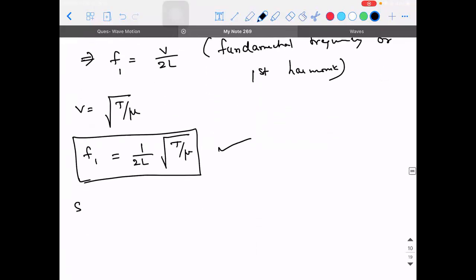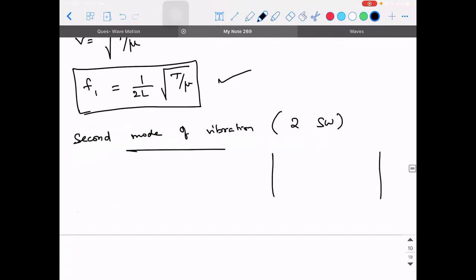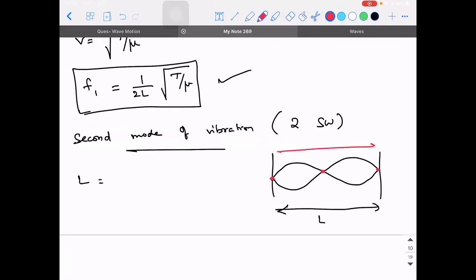Now I want you guys to tell me what will happen in the second mode of vibration. There will be two standing waves. So what will be the length of the string in terms of wavelength? L is equal to the distance between the first node and the second node, which is lambda by 2. The distance between the second node and the third node is lambda by 2. So what is the total length?